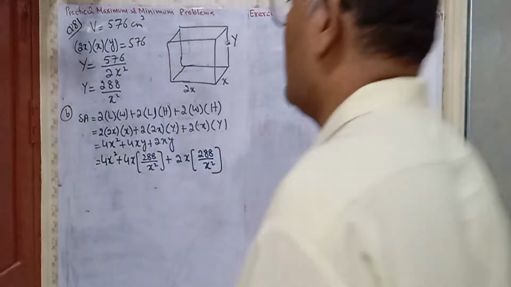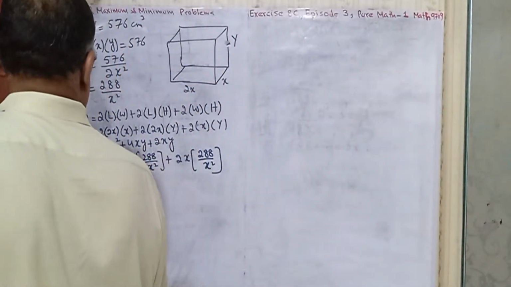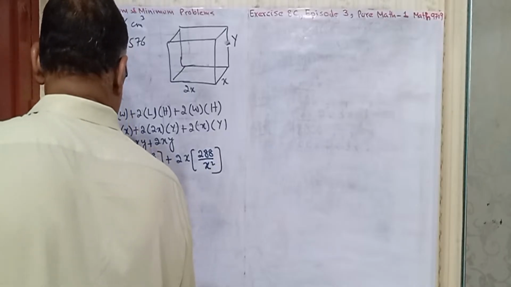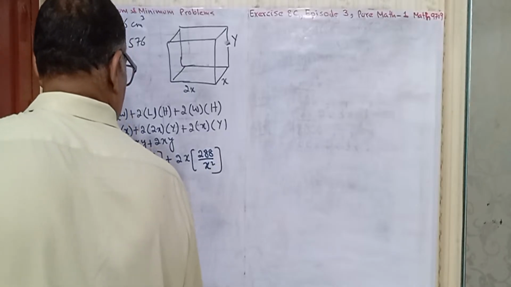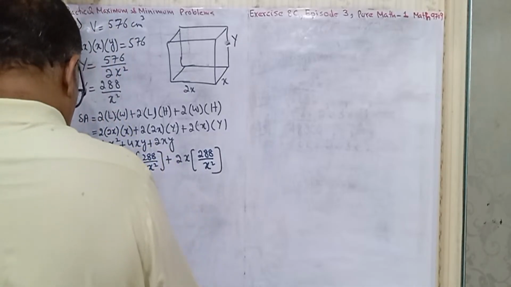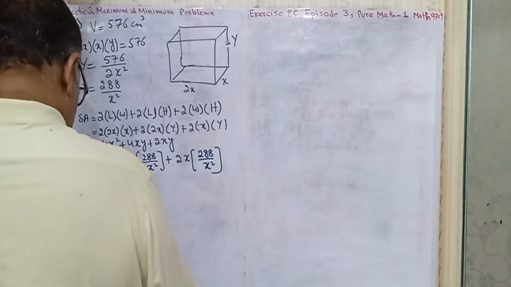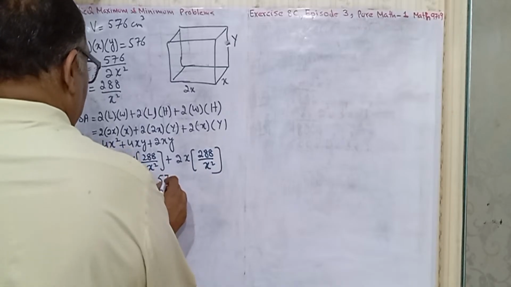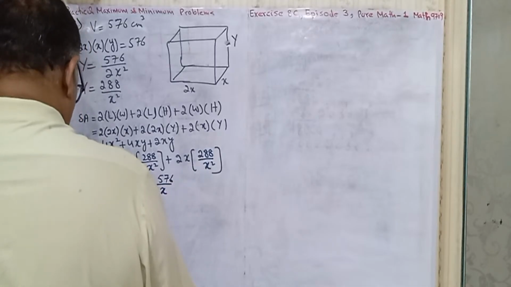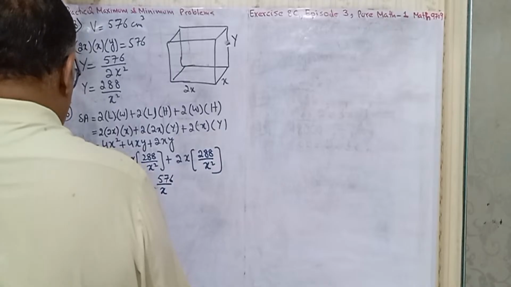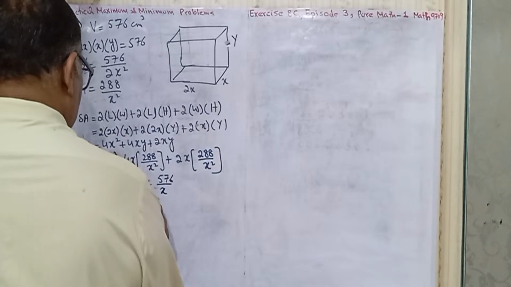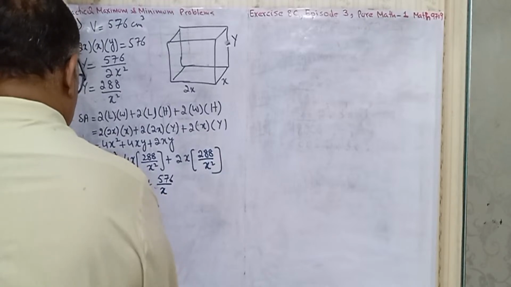So you will have 4x square plus 1152 divided by x plus 2 multiplied by 288, that will be 576 divided by x. So 576 plus 1152 gives 1728 divided by x.